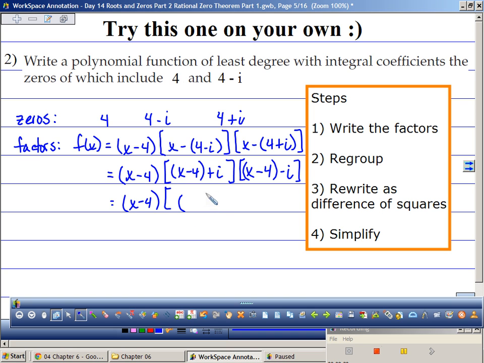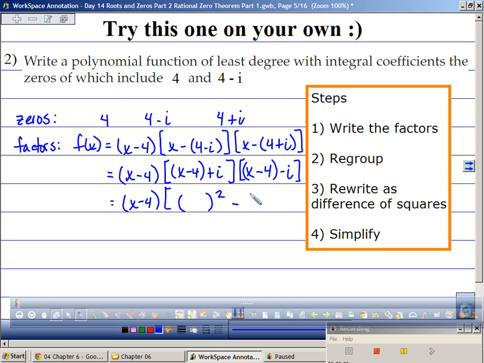I'm going to write my brackets for my difference of 2 squares. And be very careful to write in here what goes in my first bracket: x minus 4, and my second bracket, i, x minus 4.